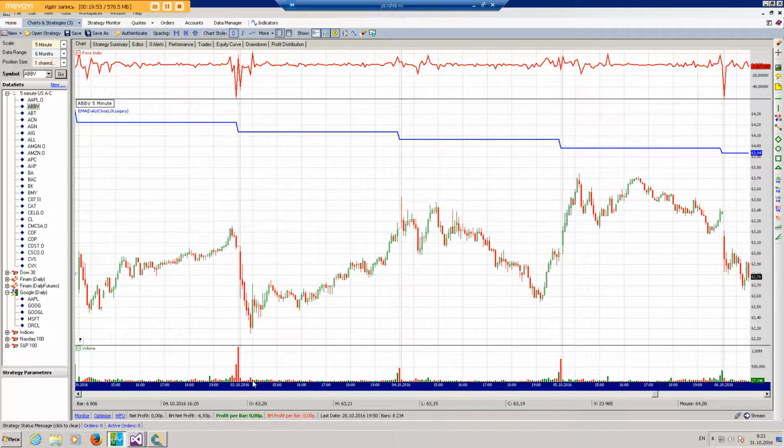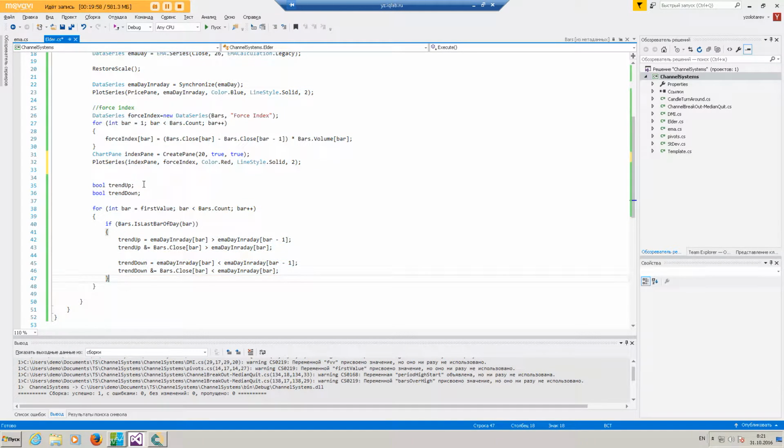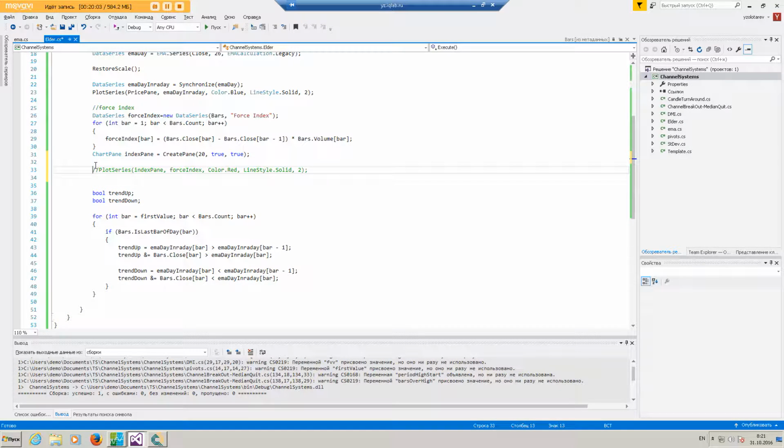Okay, and now we don't want to plot this index itself, we're going to be working with the data series force index EMA, which is going to equal EMA series, and we're going to input the force index into the EMA and calculate EMA calculation.